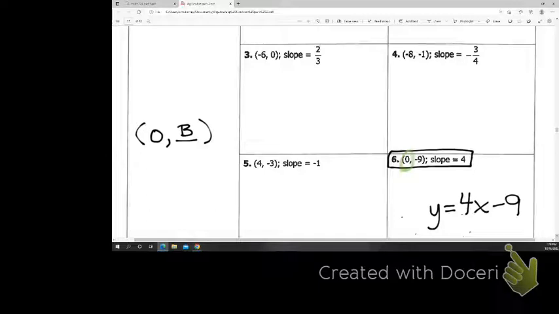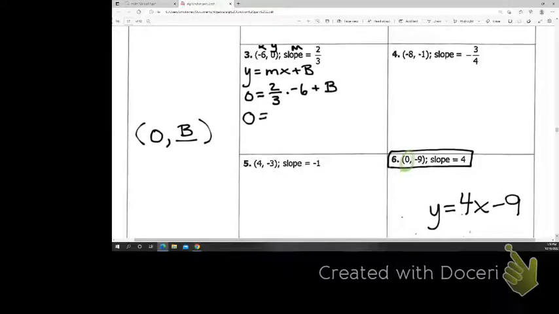So number 3, I have a 0, but it is not in the right place. So I'm going to use my formula. I'm going to write down y equals mx plus b. I'm going to plug everything in. So I know this is an x and a y, and I know that slope is m. So I have 0 is equal to 2/3 times -6 plus b.